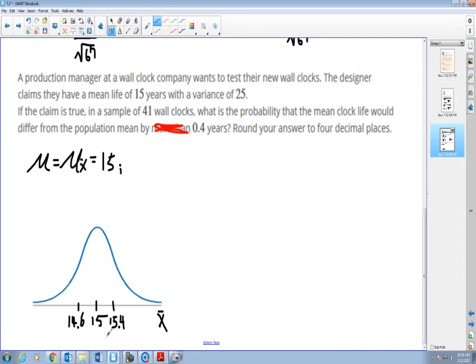Alright, this is crazy, okay? More than. More than the 15.4 is the area to the right. That is easy to comprehend. Okay, this is more than the 15.4. What is more than 14.6?